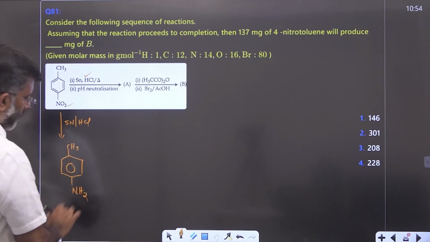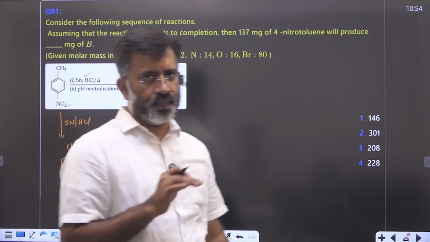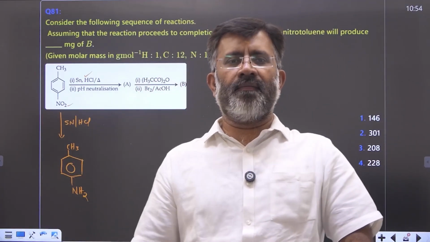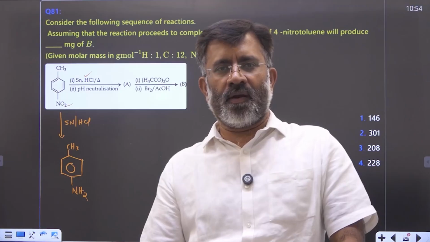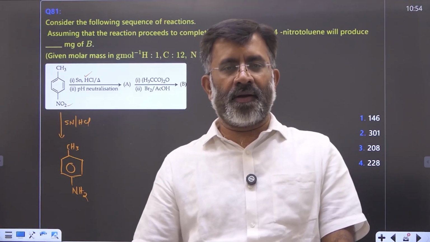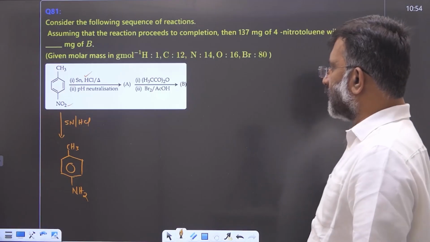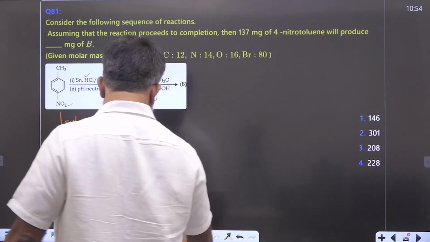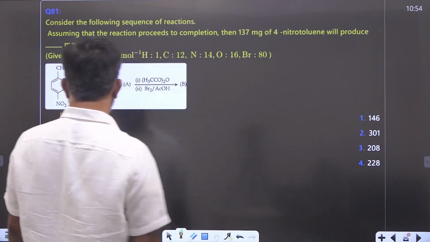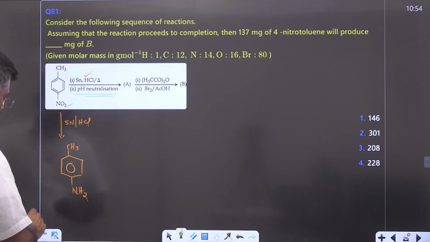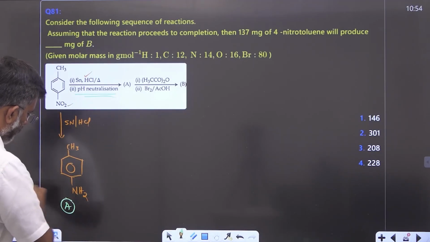The NO2 group will be reduced to NH2 group when treated with Sn/HCl or iron/HCl. Reduction of the nitro group, you get aniline. At neutral pH, it will remain as such. So this is compound A.